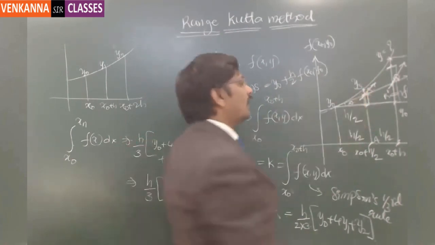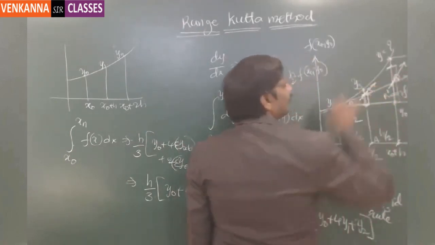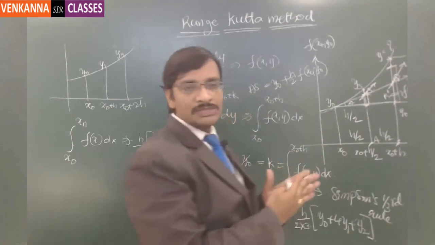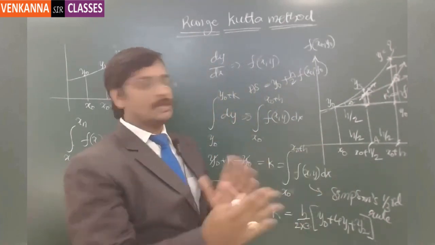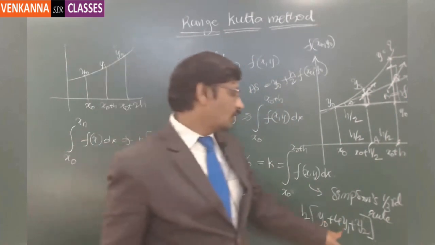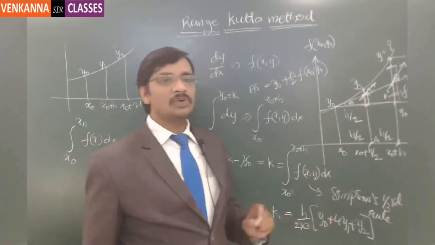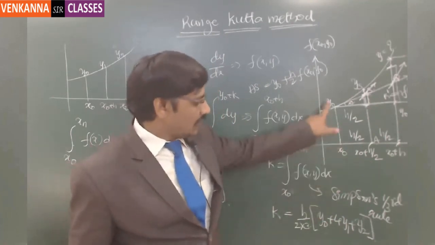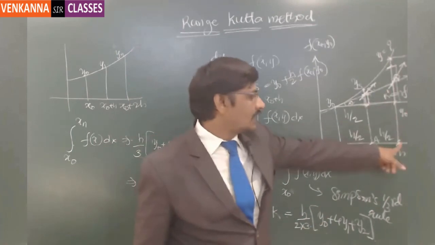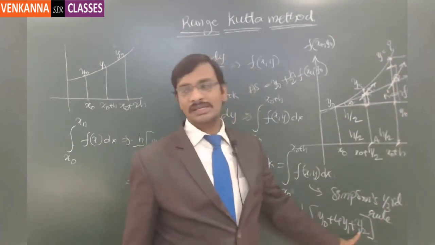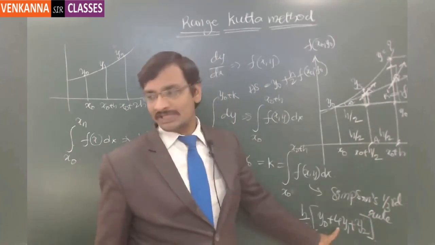And then rather than improving the slope at this point, we improve here itself, and then we take normal slope plus the improved slope two times together rather than the 4 times one slope here. So here what we are trying to do is, for the value at y0 you are giving single weightage, and for the value at the last point you are again giving the single weight, but the value at the midpoint we are giving 4 times the weight.